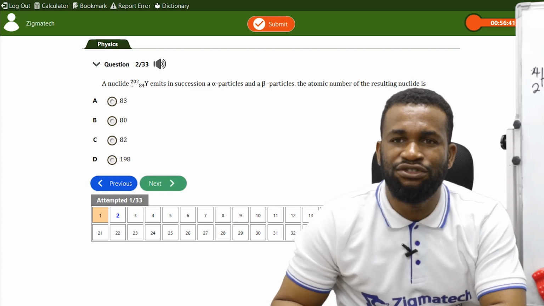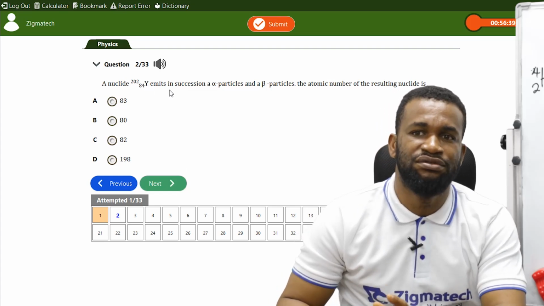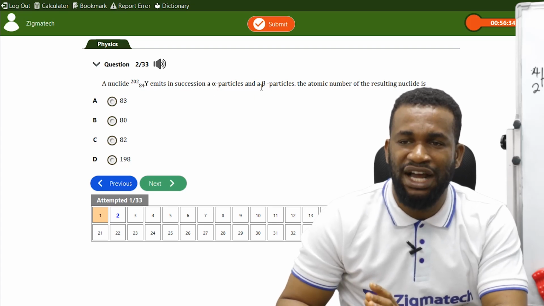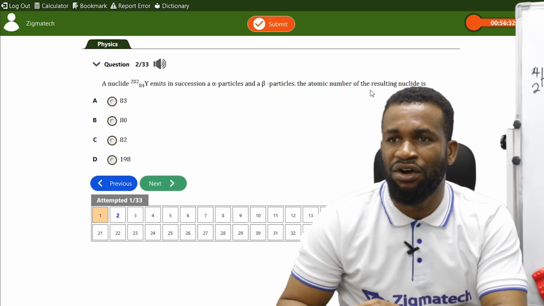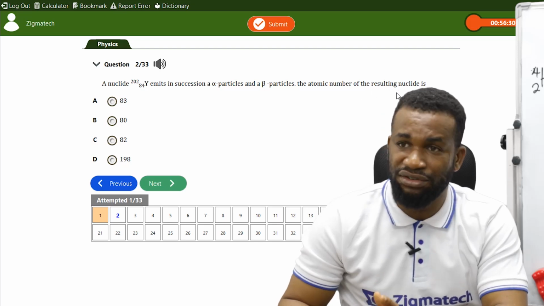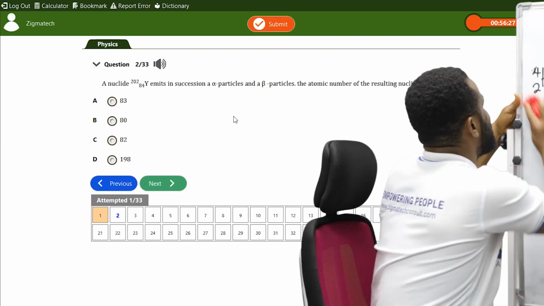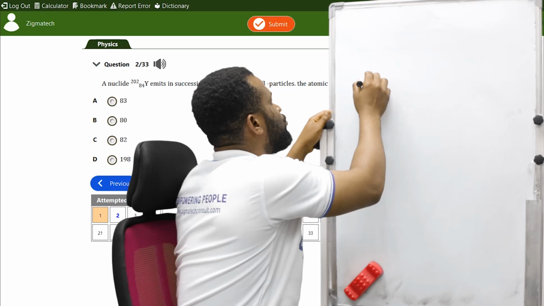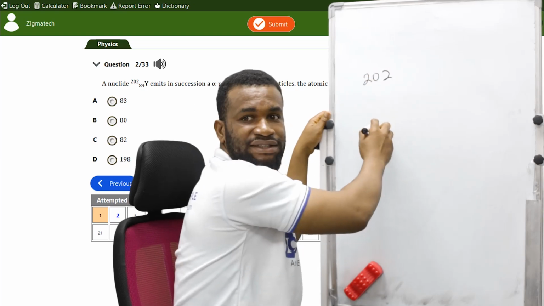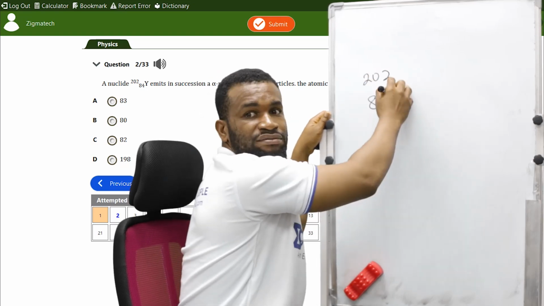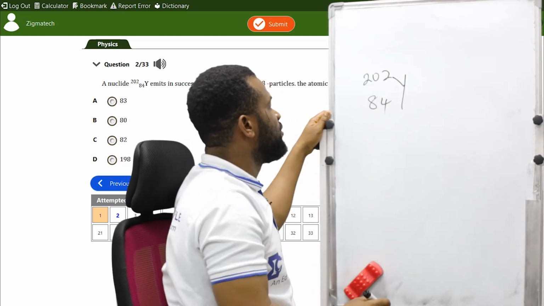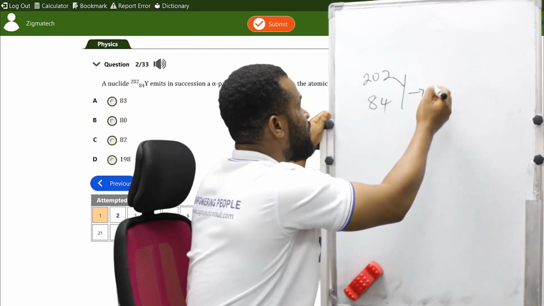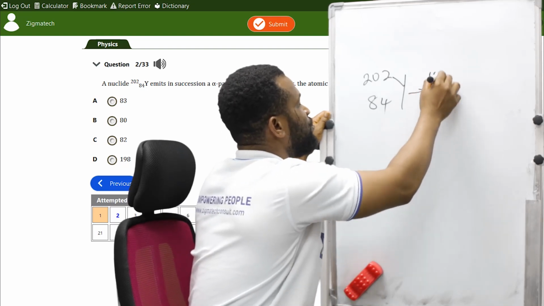Now we say a nuclide 202 of 84 emits in succession an alpha particle and a beta particle. The atomic number of the resulting nuclide is. All right, let's look at this. 202 and 84. When it gives off an alpha particle, that is going to be 4, 2.